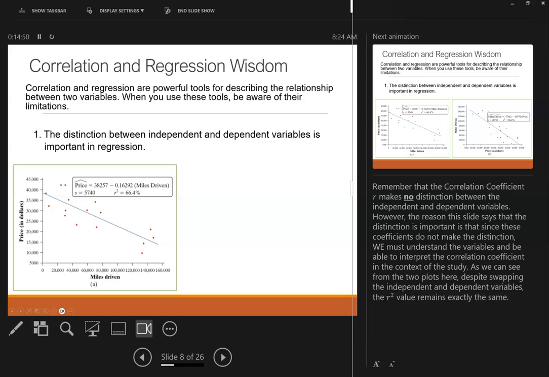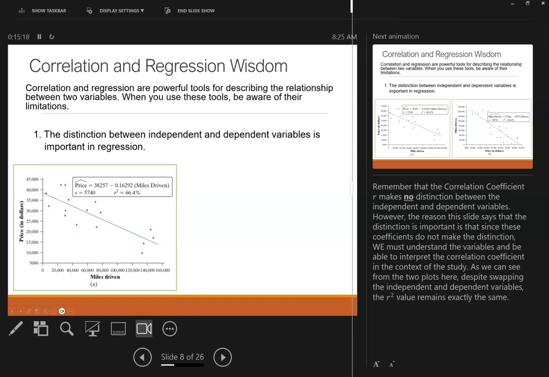So if I look at this, here's my line of best fit. I computed this using a calculator. It says the formula here is y equals, the y is price, and then the y-intercept is like 38,000 and change, minus 0.16, that's like the slope of this line, times miles driven.